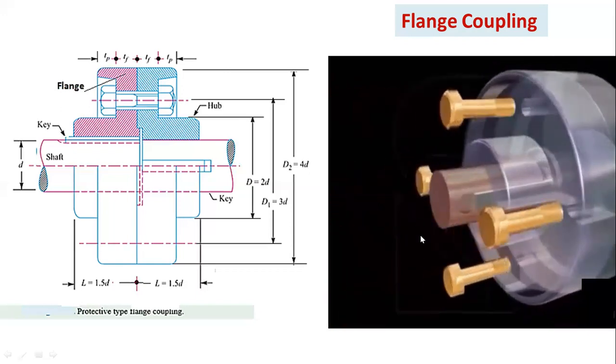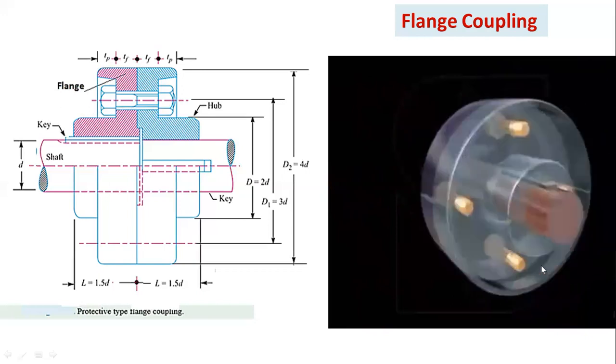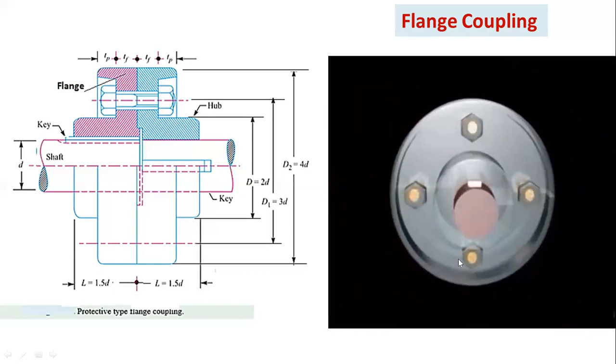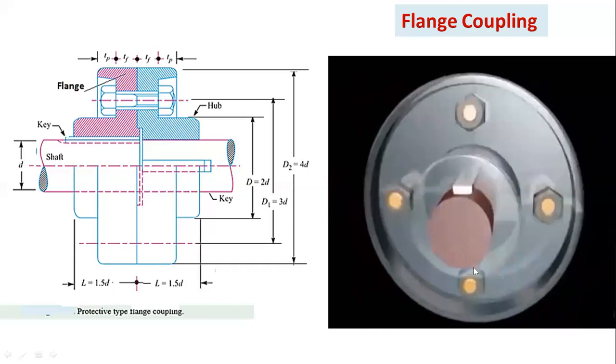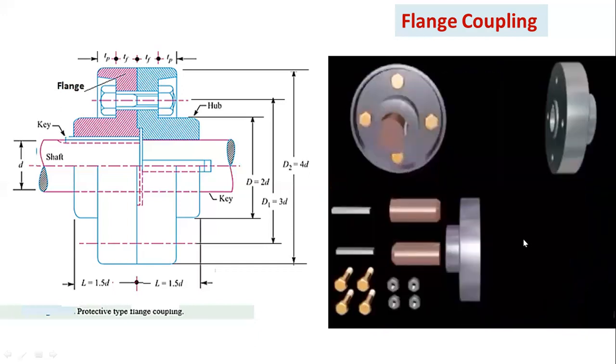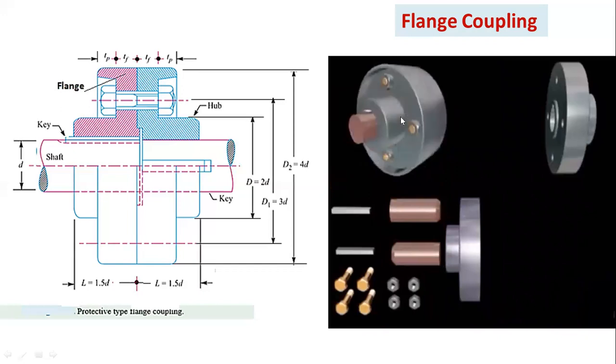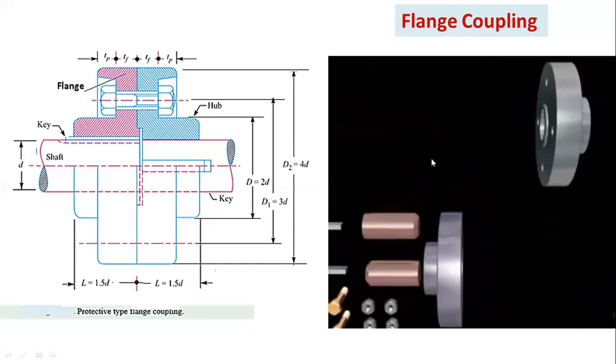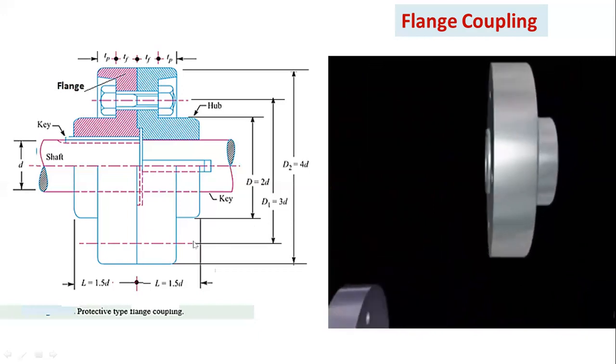These are the hexagonal bolts. These are also hexagonal nuts. This is the complete assembly of a protective type flange coupling. In this class, I will explain how to design this flange coupling.